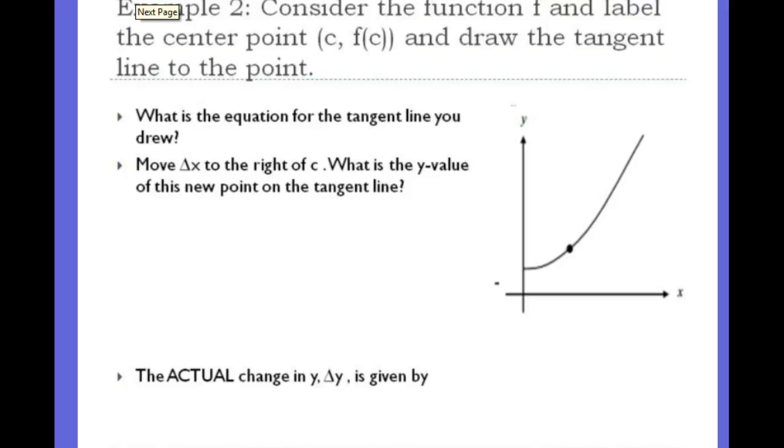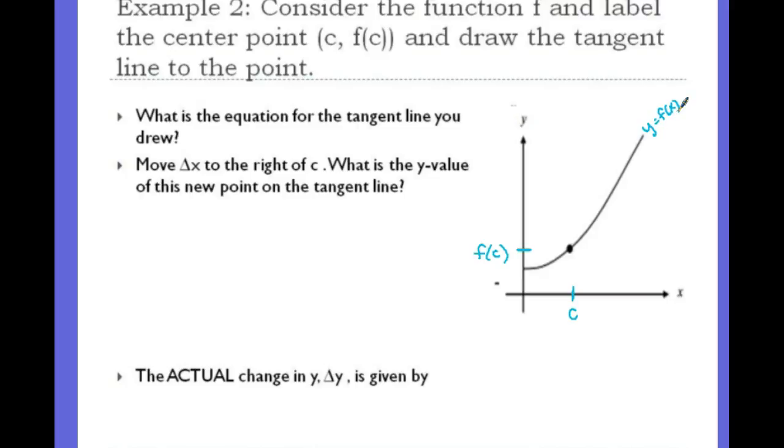I already marked c for you so that everybody's c would be at the same spot. If this is point c on function f, then over here on the y-axis, this is the same as f of c, because if the function is y equals f of x, and you plug c in, you get f of c.